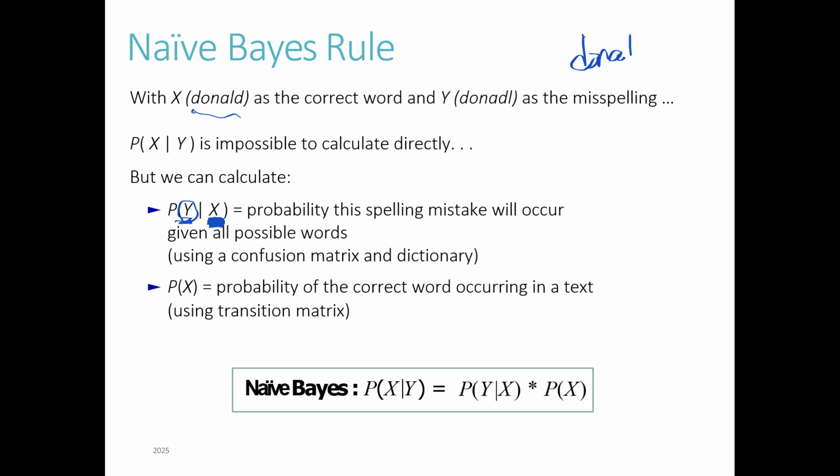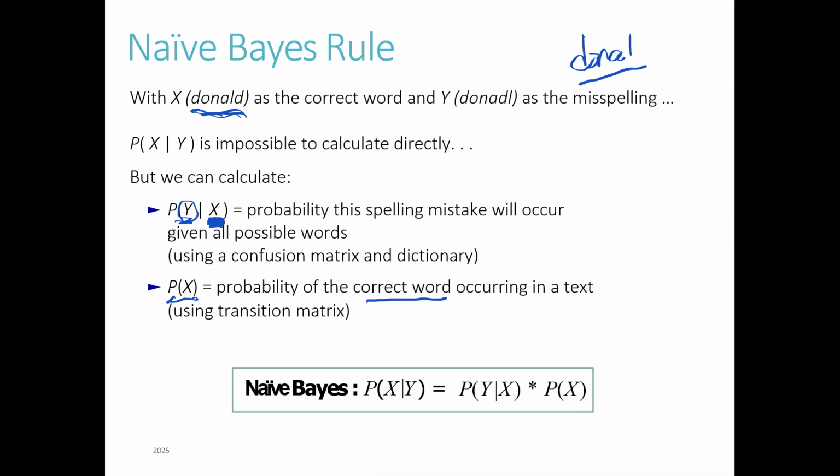That's possible. So very nicely, we can use this information here, the probability of the correct word occurring in the text. So then we can do counts of all the times, in all the data we have, that Donald occurs and all the times that Donal occurs. And we'll take that and divide it by the total number of names or whatever, right? That's going back to our probability. We do the counting, we divide by the context that's relevant.